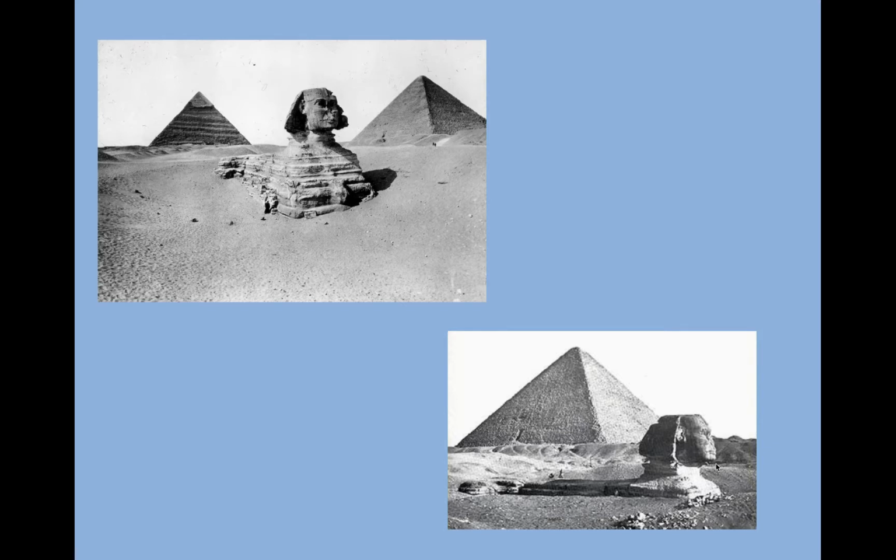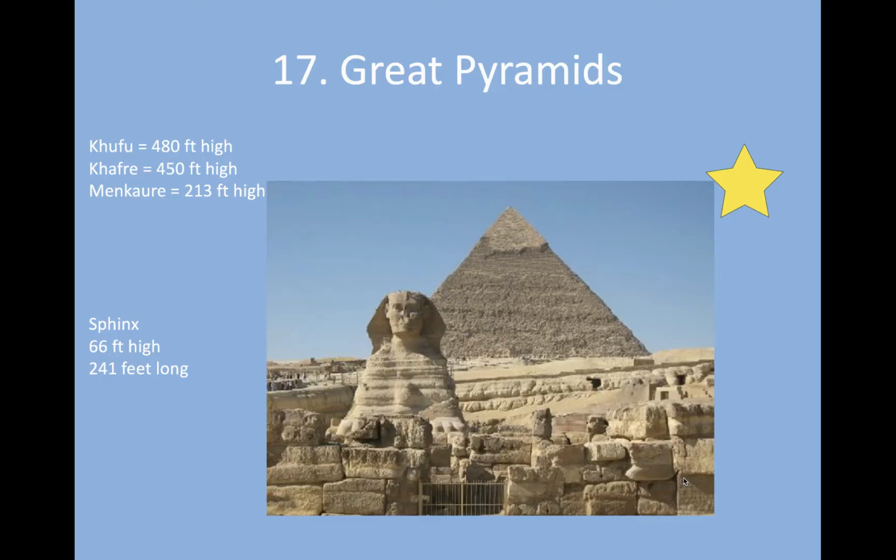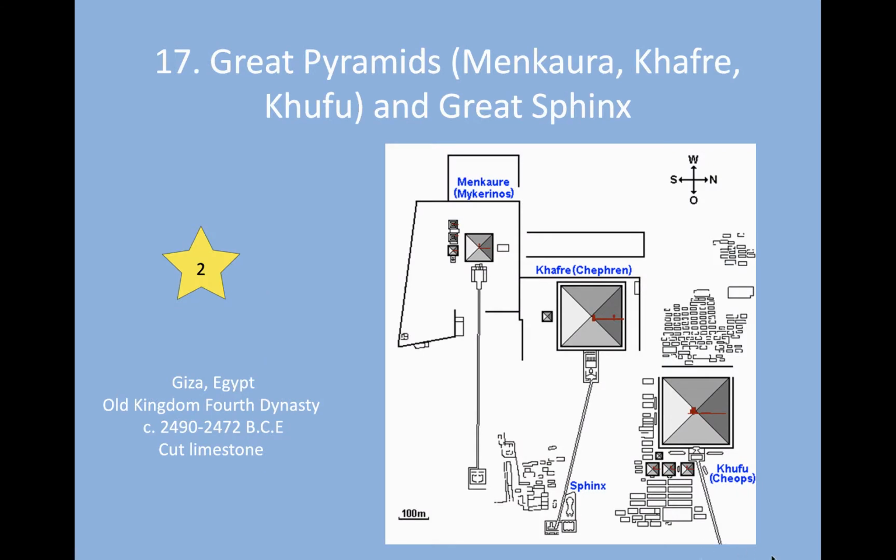When they did an excavation of the dirt in front of the Sphinx, they were able to find pieces of the beard and pieces of other broken off pieces. So what they believe is that they built this Sphinx out in front of, let's go back this way, here we go.